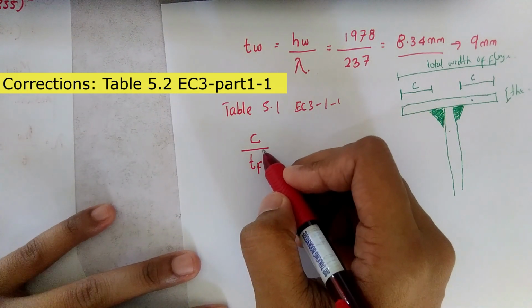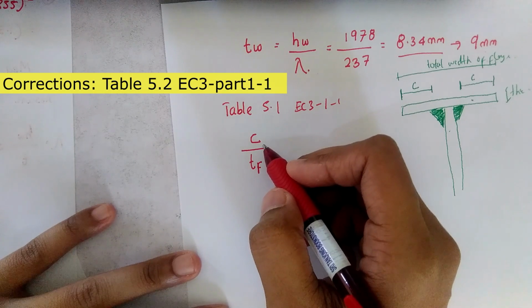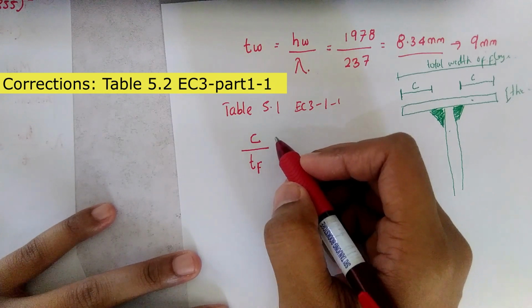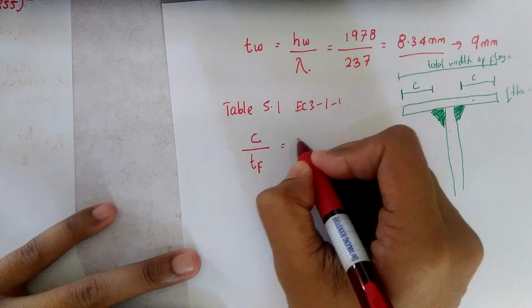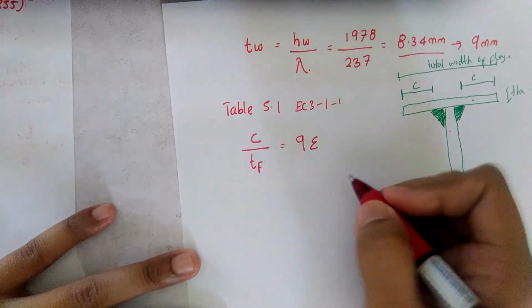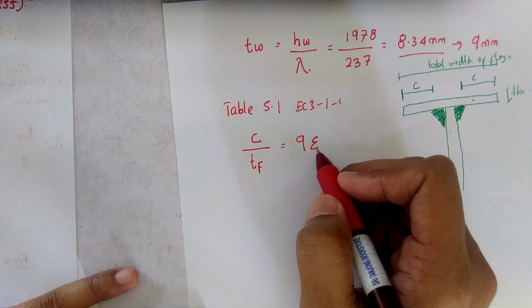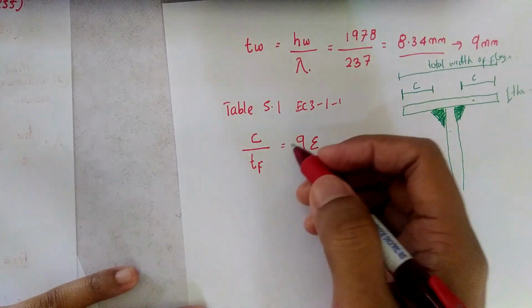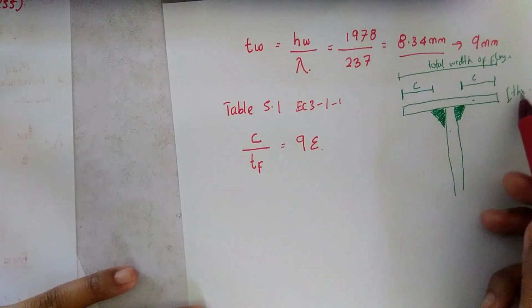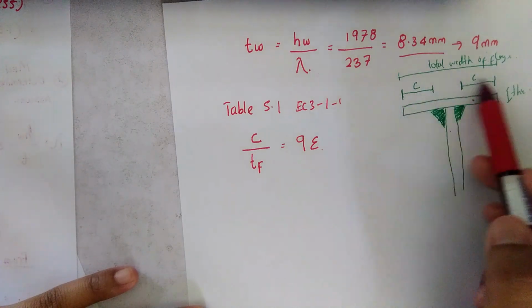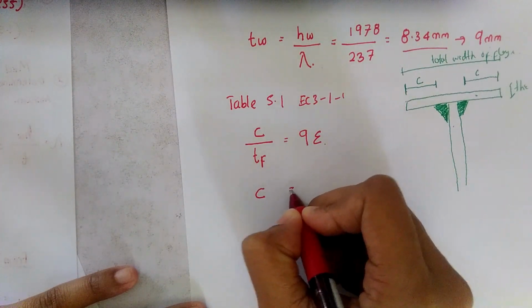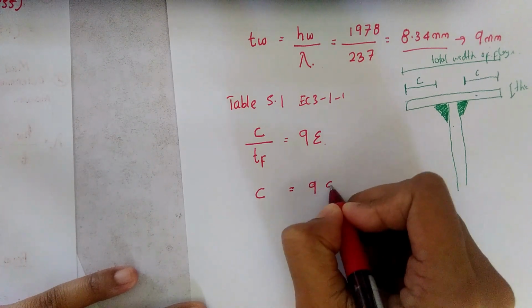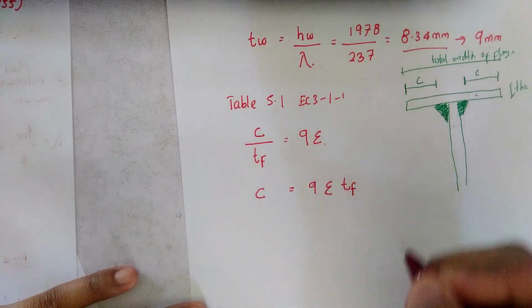So C over TF, for you to make sure it is in plastic classification or class 1, has to be less than 9 epsilon, isn't it? Here we want to know the thickness of the flange and the width of the flange. So we can have C equivalent to 9 epsilon times the thickness of the flange.